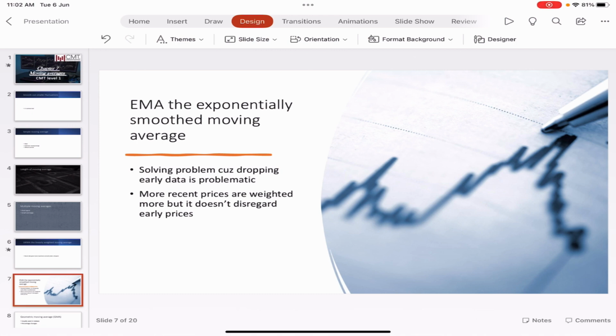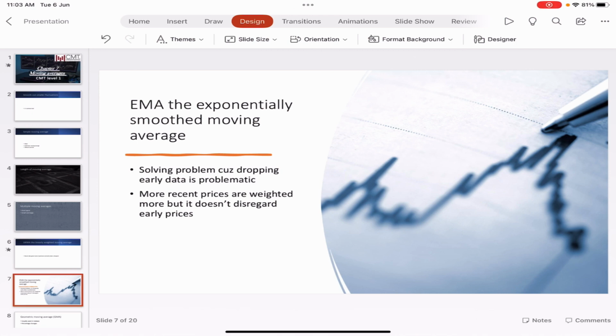But when you are using EMA, the exponentially smoothed moving average, dropping the early data does not happen. More recent prices are weighted more, but it doesn't disregard the early prices.